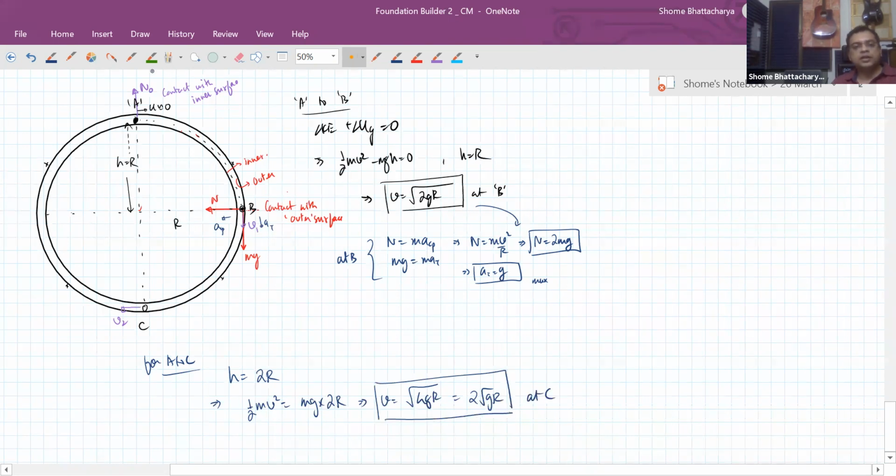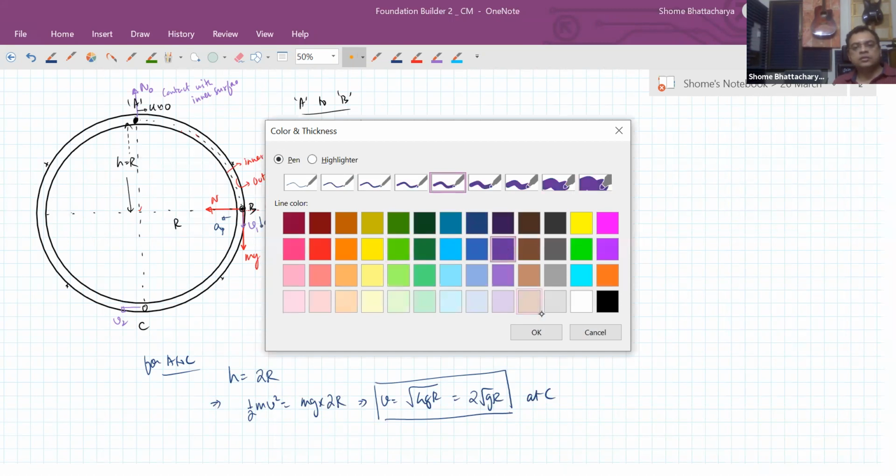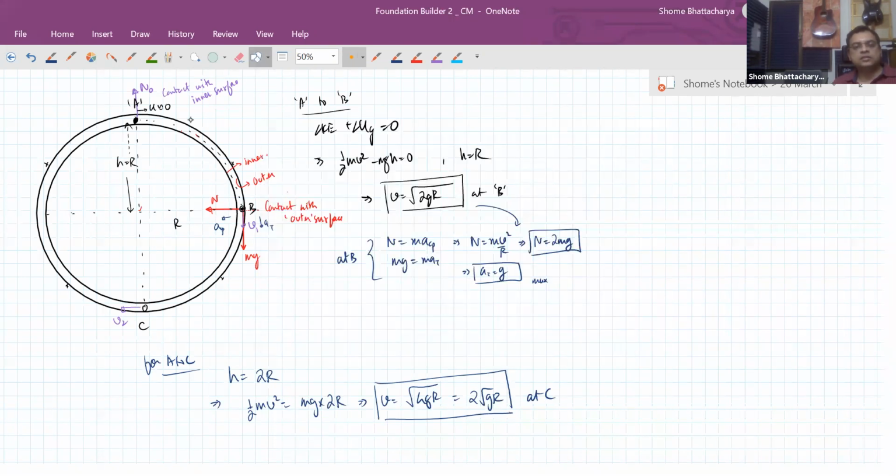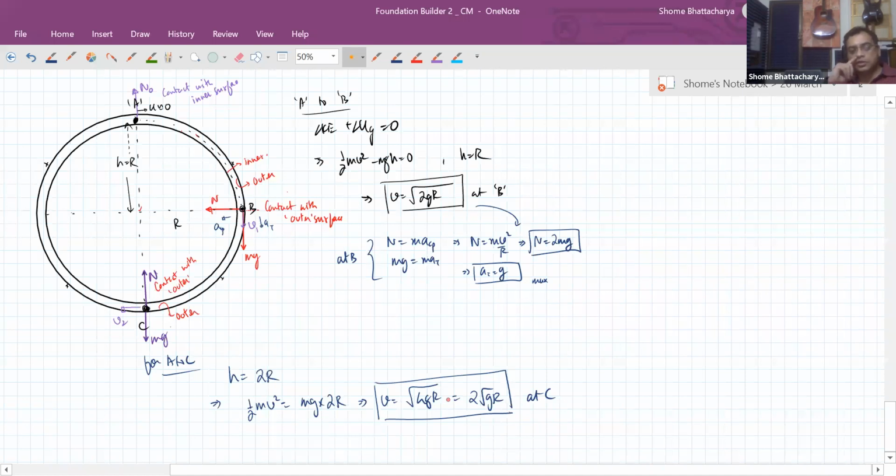Okay. And now if you look at the forces at the point C, normal reaction is acting inwards like this and mg is acting downwards. So again, it is in contact with the outer surface. The lower surface is the outer surface. So the outer surface is applying the contact force. Okay.